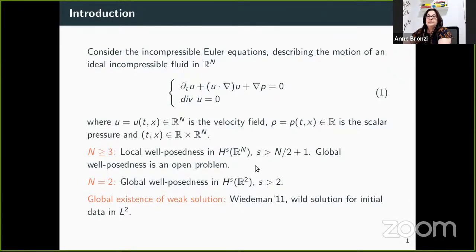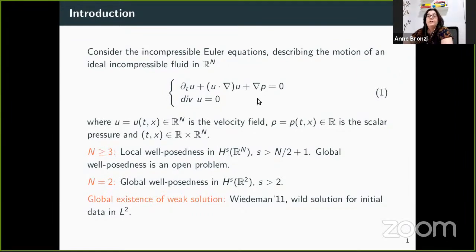Regarding the existence of weak solutions, we also have the Navier-Stokes equations with a term here, which is a dissipative term. For the Navier-Stokes equations, we have the global existence of weak solutions for initial data in L2 from the work of Leray back in the 30s.